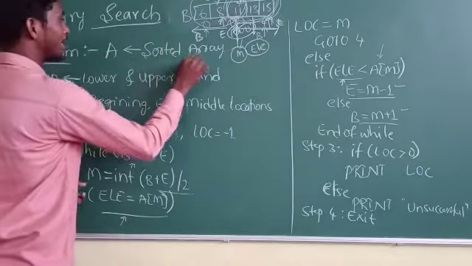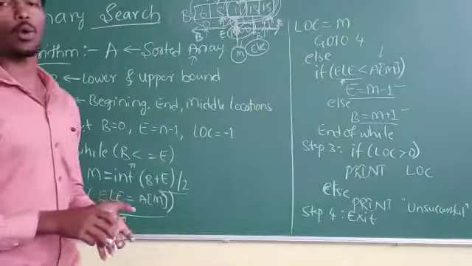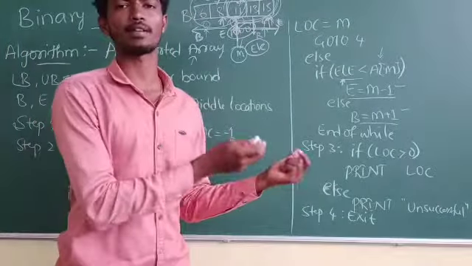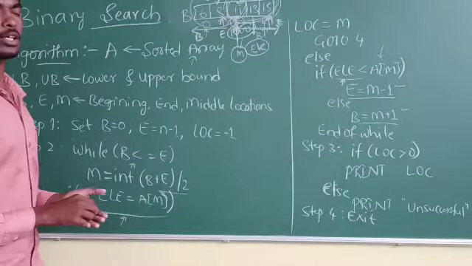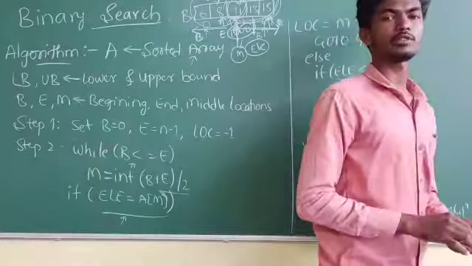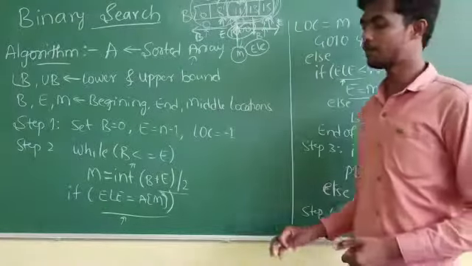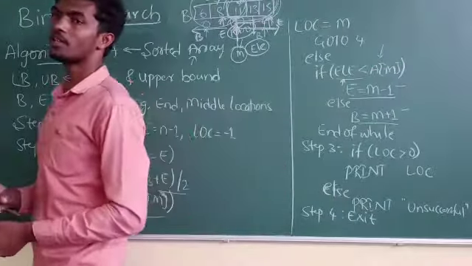It needs a sorted array, LB and UB, the lower bound and upper bound, or else beginning and ending. We use B, E and M, where B refers to the beginning location, M refers to the middle location, and E refers to the end location of the array elements.